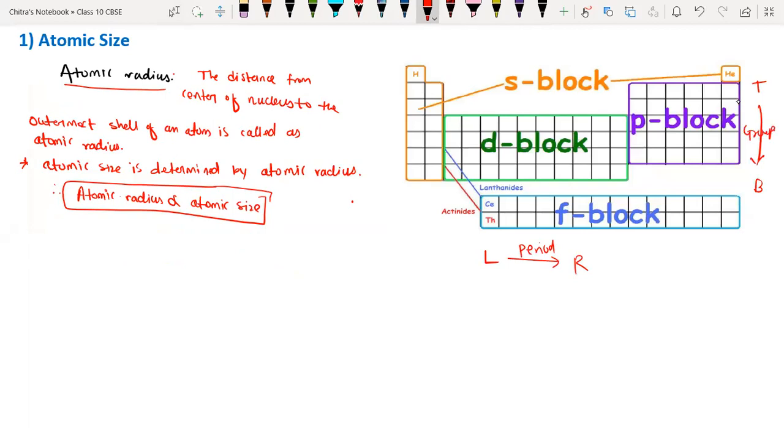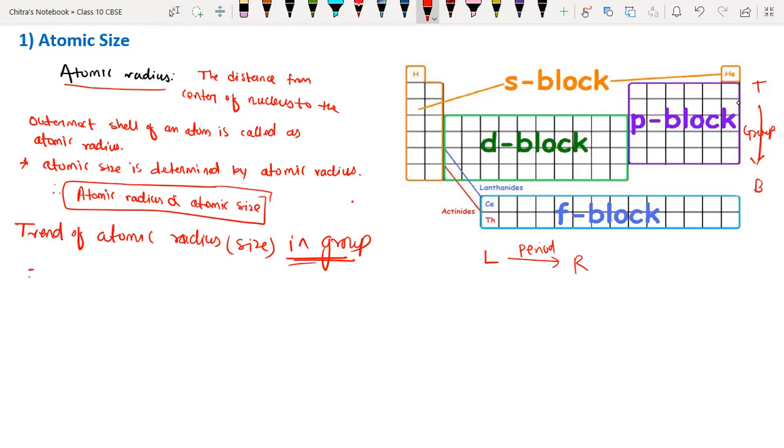So first we will check the trend of atomic radius in a group. I'm writing here: trend of atomic radius or size in group. You can use radius or size.